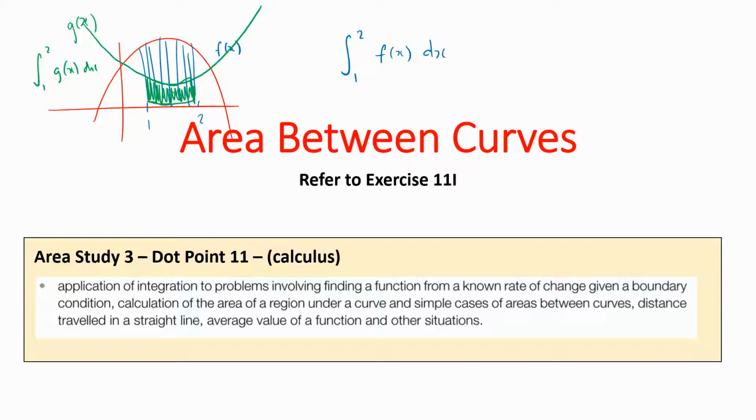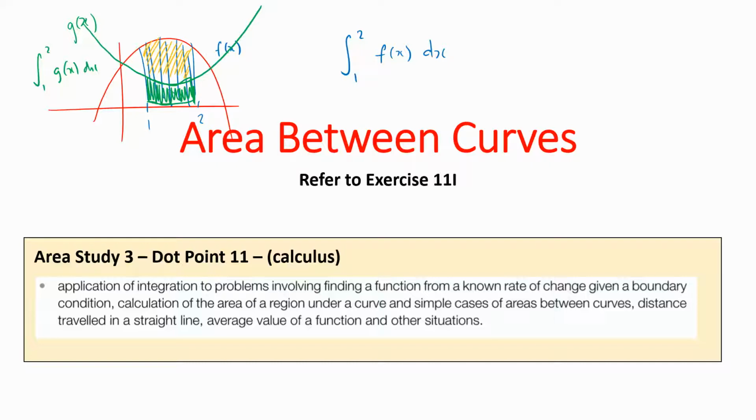Now the cool thing here is, what if I wanted you to find, which I'll color in orange now, the area between the red curve and the green curve from 1 to 2. Logically, how would you find that answer?